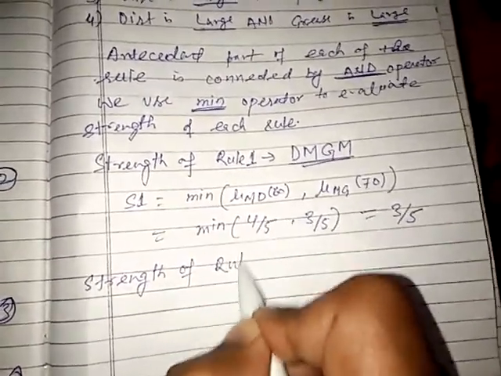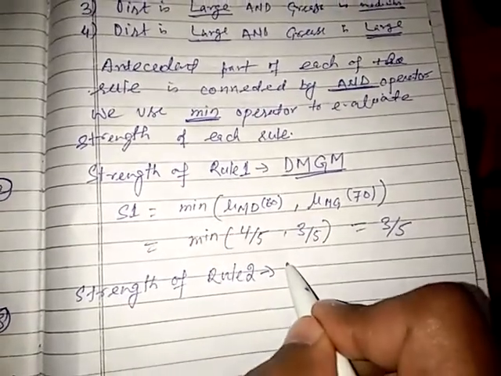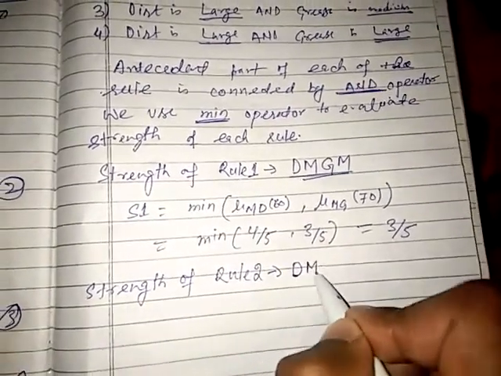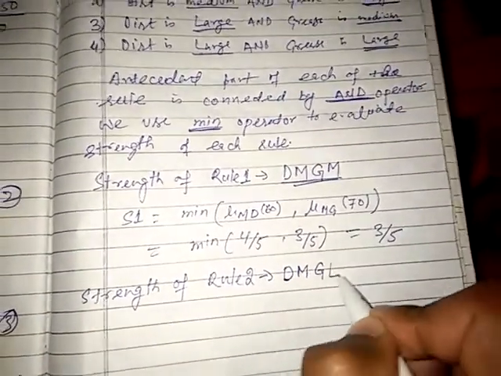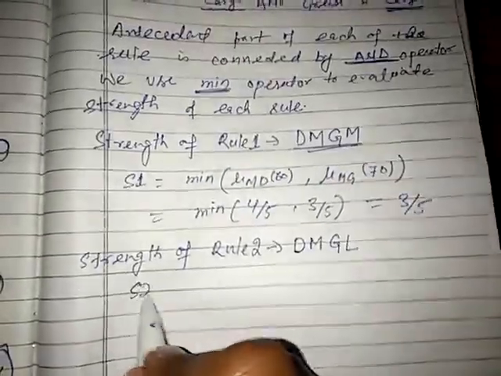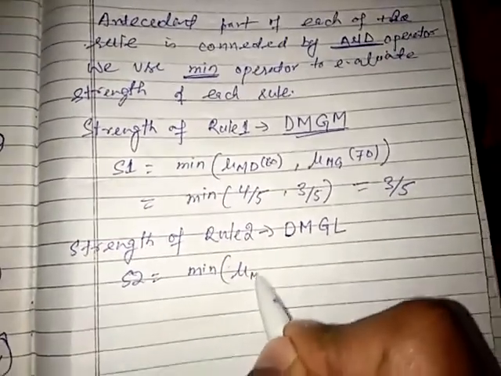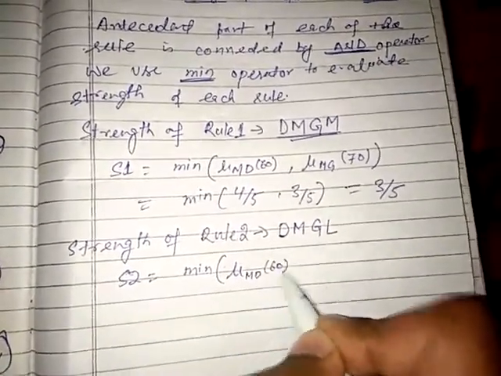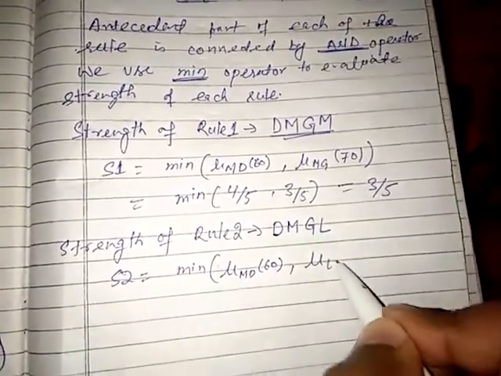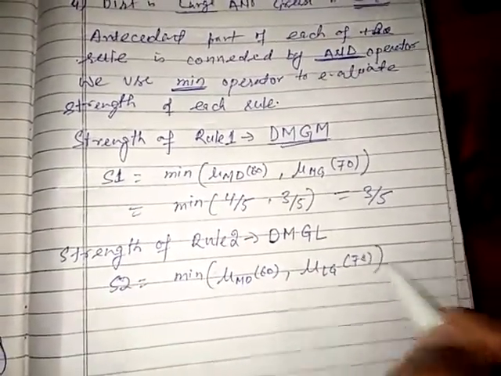Same, we have to find the strength of rule 2, that is, dirt medium and grease large. In that case, S2 is the minimum of mu medium dirt(60) and mu large grease(70).